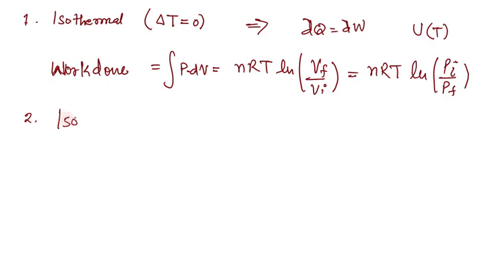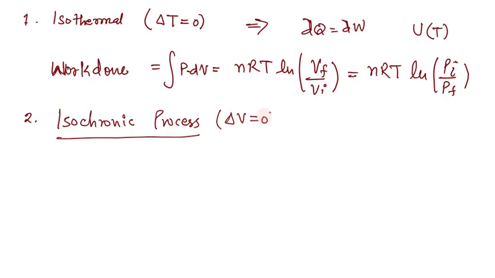Then there is the isochoric process. In an isochoric process, the change in volume is zero. So at two different points in the system, the volume is the same; the pressure may be different, the temperature may be different, but delta V is zero. In this particular type, the work done, P dV, is zero.